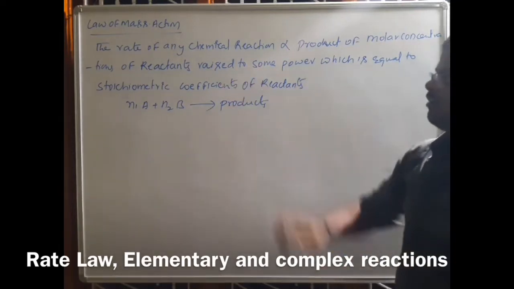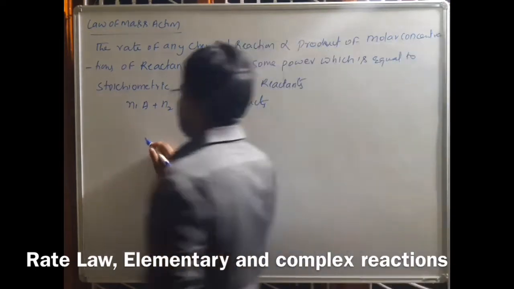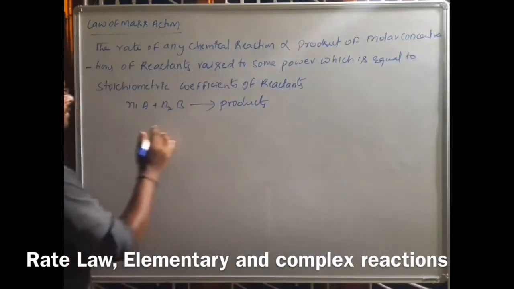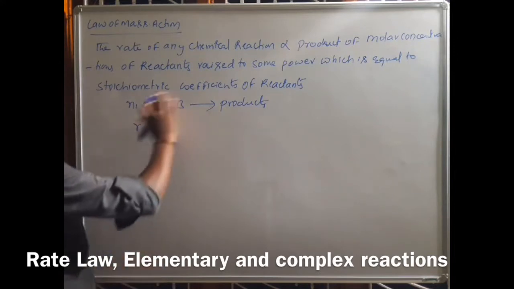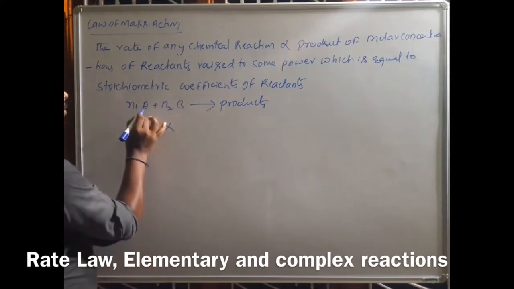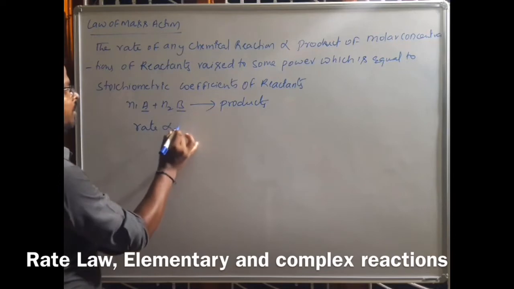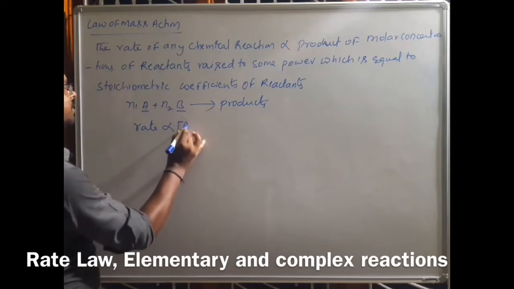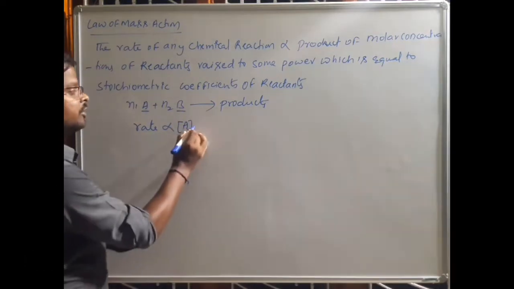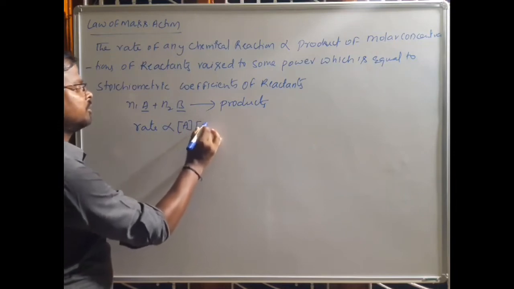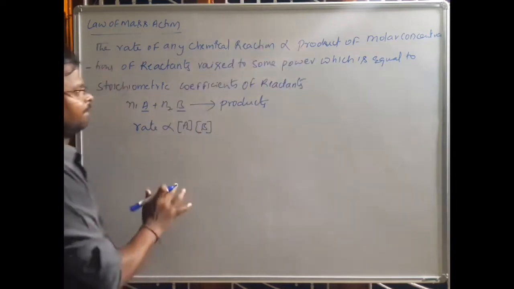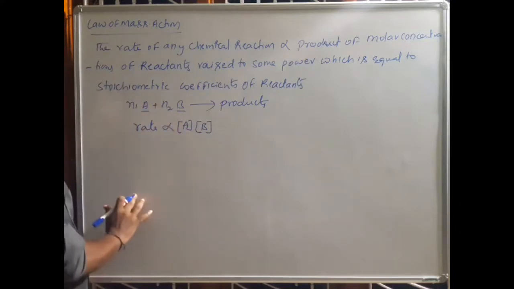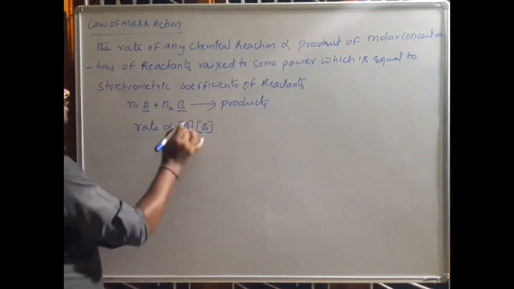So according to the law of mass action, the rate of any chemical reaction, see, I took one example. For this example, the rate is directly proportional to the molar concentration of A into B. Molar concentration is represented in square brackets. Molar concentration of A into molar concentration of B, raised to some power. The power is equal to their respective stoichiometric coefficients.